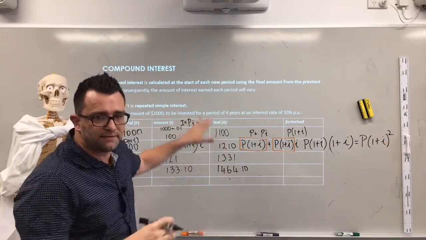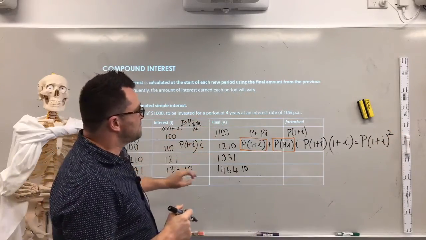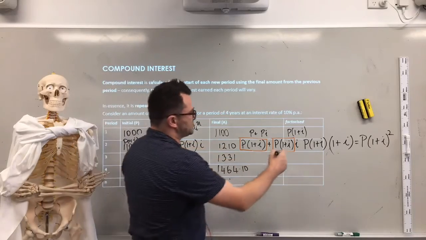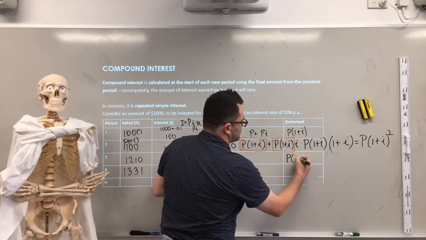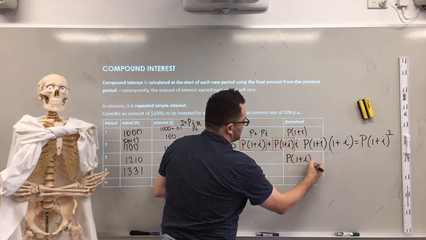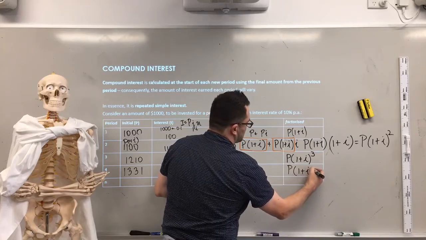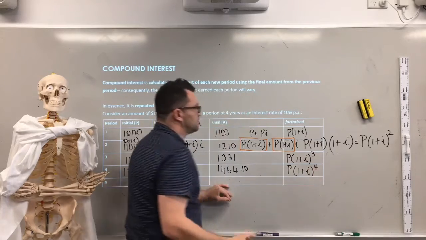Now I'm not going to keep following this through, but as we track through this column, what we're going to get is principal times 1 plus I cubed, principal times 1 plus I to the power of 4.